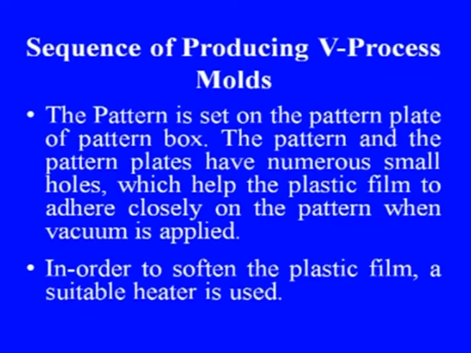In order to soften the plastic film, a suitable heater is used. The pattern is draped by the softened plastic film. The suction of vacuum takes place through the vents and the plastic film adheres very close to the pattern.